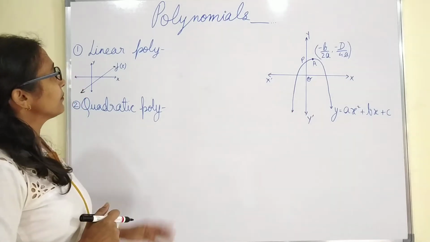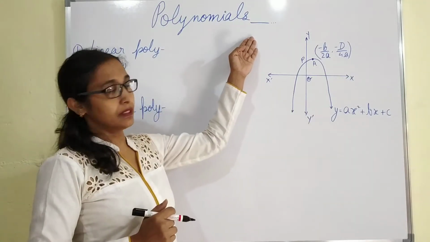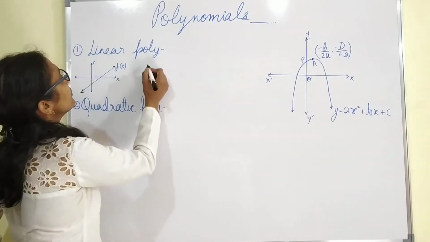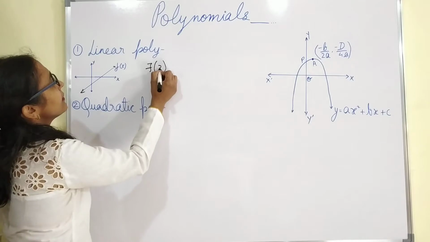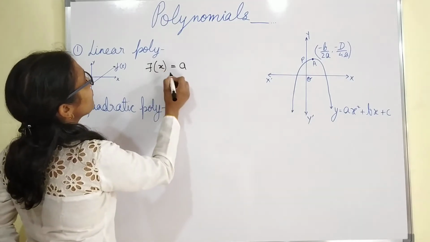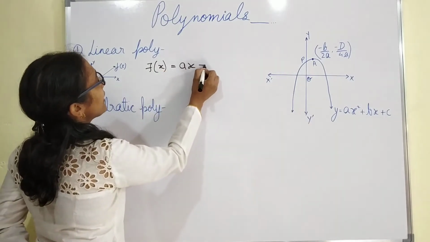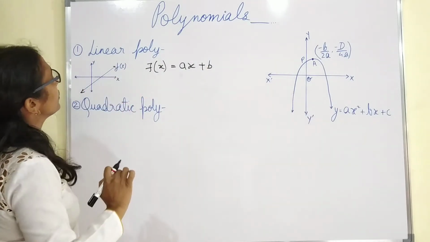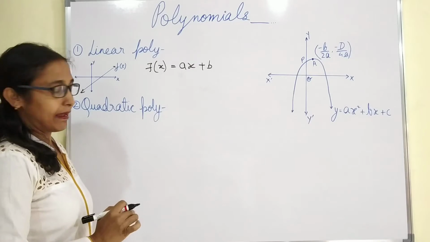In this video, I am going to teach you polynomials. So first one is linear polynomial, about which you studied in earlier classes. So f of x equals ax plus b. Graph of linear polynomial is always a straight line.